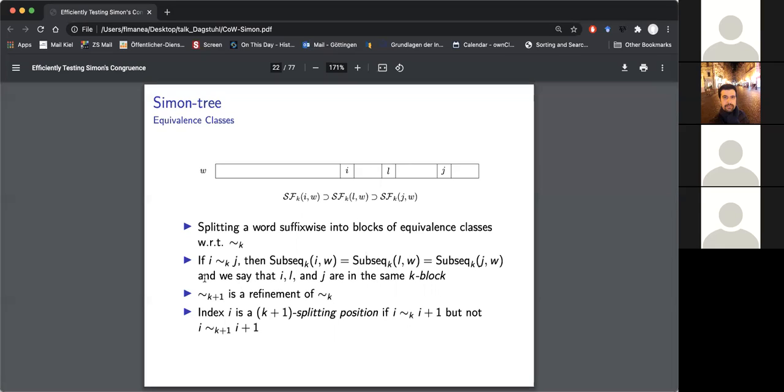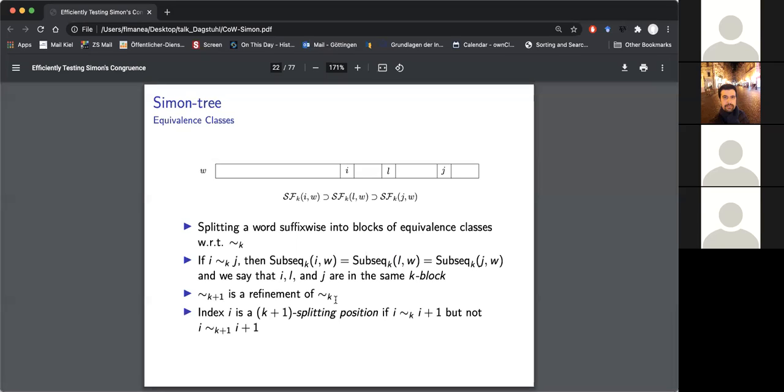And this works because if you have two positions of a word, I and J, which are sim-K equivalent, and you take some L between I and J, then every position between them will also be sim-K equivalent to both I and J. If you define this splitting of a word into blocks according to this relation, you actually see very easily that the blocks that you obtain for sim-K plus 1 are essentially a partition of the blocks that were obtained for sim-K.